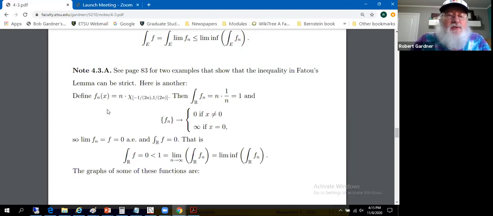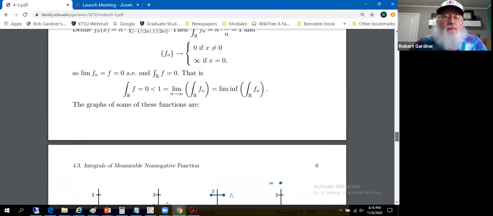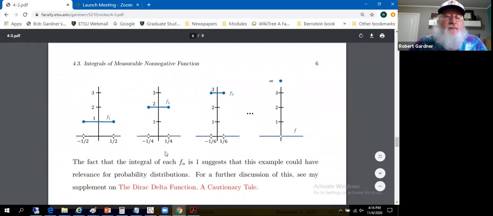Consider the sequence of functions f sub n of x defined to be n times a characteristic function on the interval negative 1 over 2n to positive 1 over 2n. Let's look at a picture. For example, when n equals 1, f sub 1 from negative 1/2 to positive 1/2 takes on the value 1 and 0 outside of that, including the endpoints, is how it's set up.